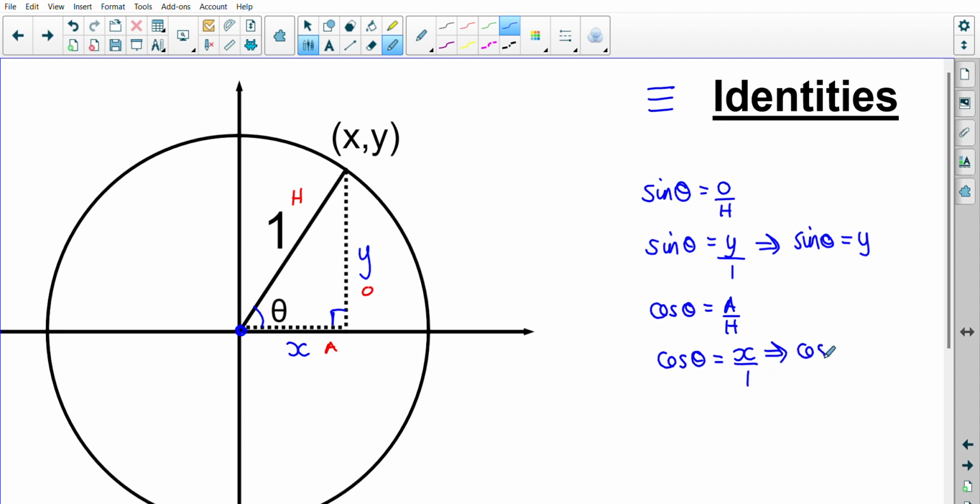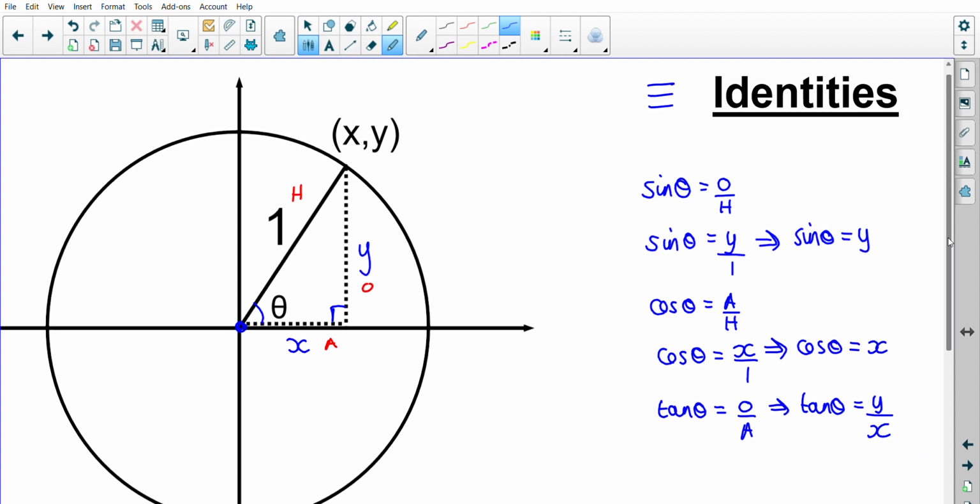So I'll get cos theta equals x. If I do the same for tan theta, it is O over A, opposite over adjacent, and that will become y over x. Okay?